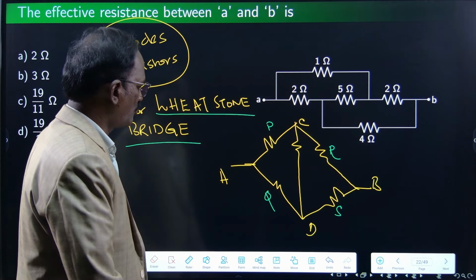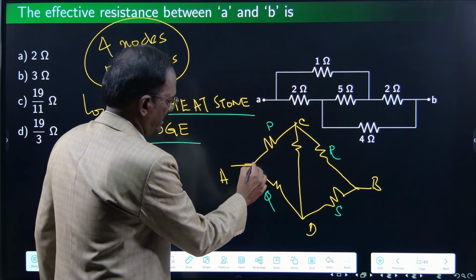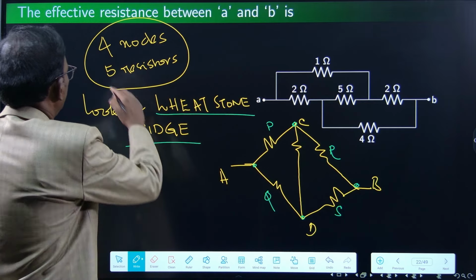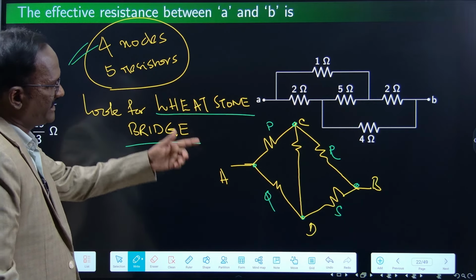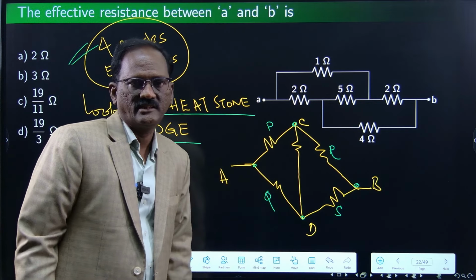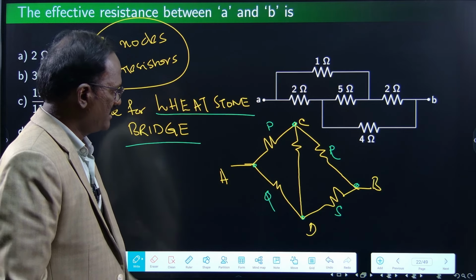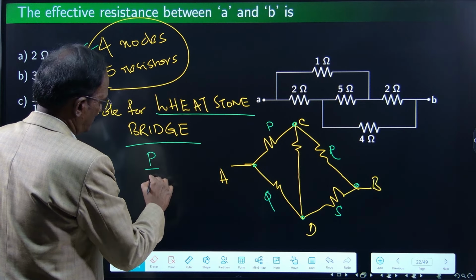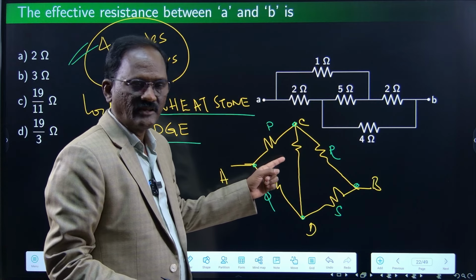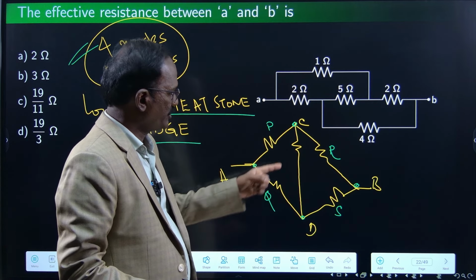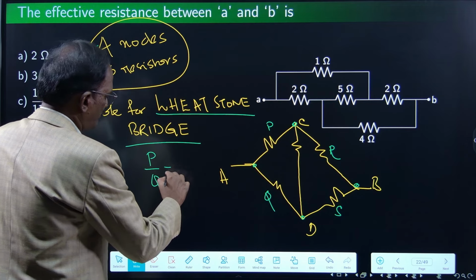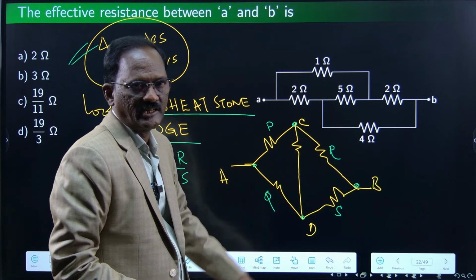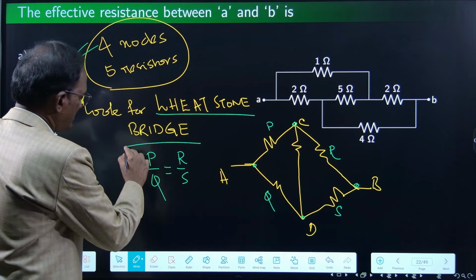5 resistors, 4 nodes, A, B, C, D, 4 nodes. It must have 4 nodes and 5 resistors, 1, 2, 3, 4, 5. Yes, 5 resistors, right? P by Q, find the ratio. This resistor, we don't know the value of it. I am writing P, Q, R, S. P by Q must be equal to the ratio R by S. That is the condition.